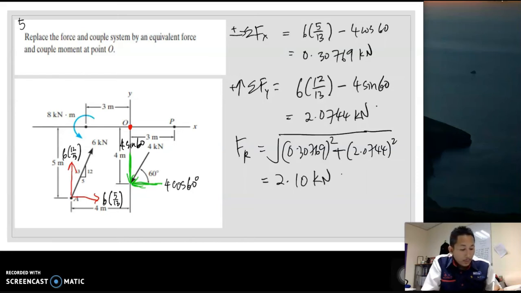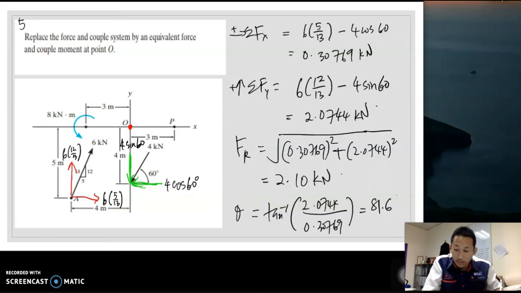We have theta equals tangent inverse of 2.0744 over 0.30769, which equals 81.6 degree. That is the resultant force.